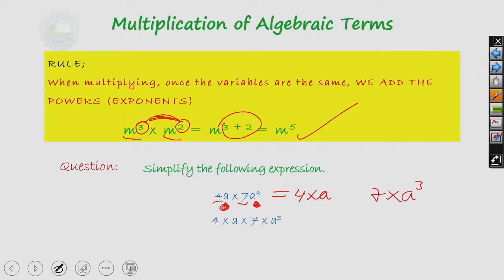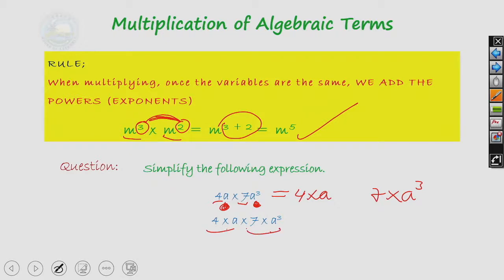That's what we said. And what we're then going to do is apply that commutative property. Multiplication is taking place here. We are multiplying. So it is 4a multiplied by 7a cubed.